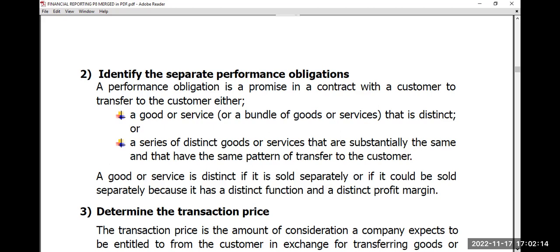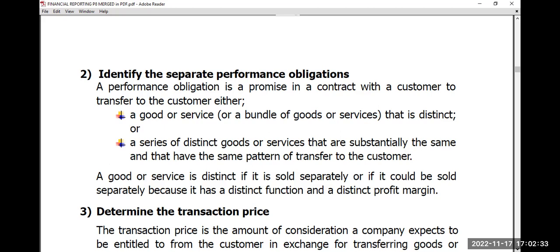a single item. We are saying that a good or a service is distinct if it is sold separately or if it could be sold separately because it has a distinct function and a distinct profit margin.